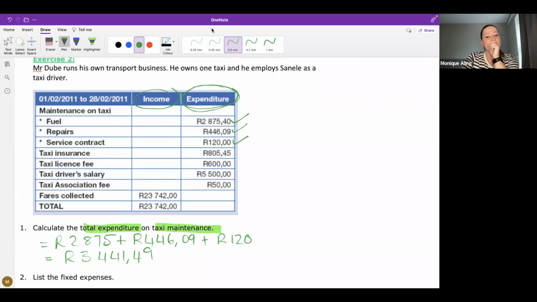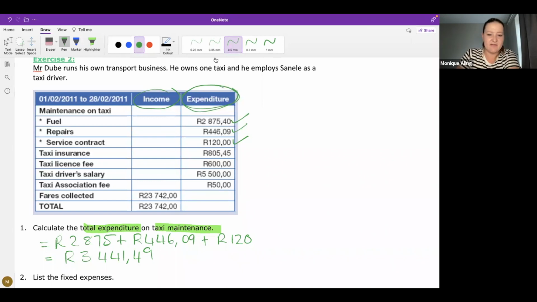Don't be shy. Drop those answers. Okay, so we're all getting insurance. The license fee, that is 1, good. License fee again, I see service contract, that's also 1.